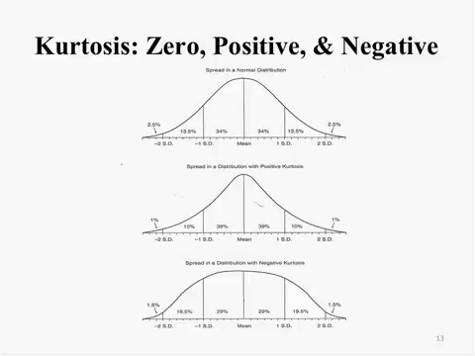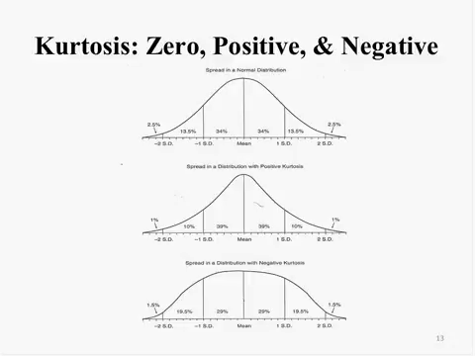So when you're working with your subject matter expert statistician, be sure you understand what kind of distribution you're dealing with, whether it's a normal distribution, whether it's skewed, or whether it has some level of kurtosis, positive or negative, associated with it, because that's going to have a great deal of influence on the kind of results you're going to be getting and the conclusions that you will be able to logically draw.